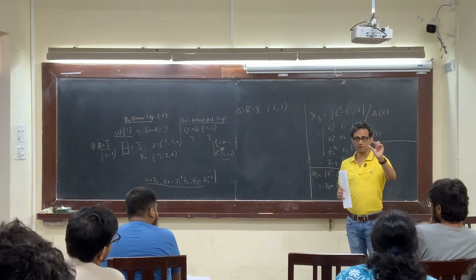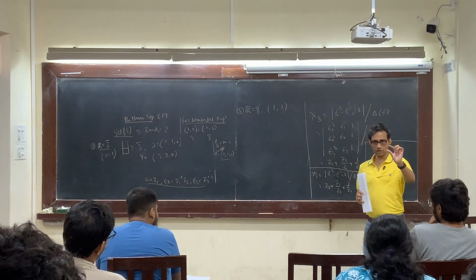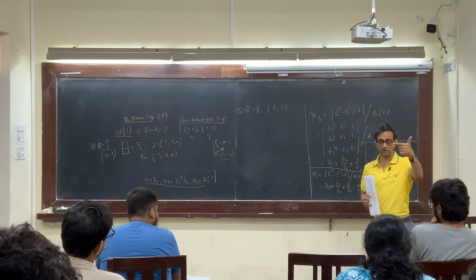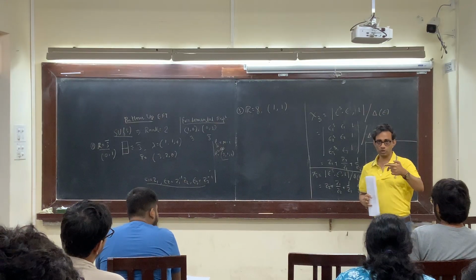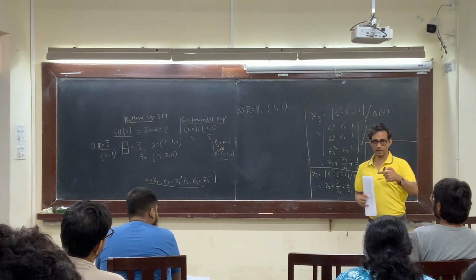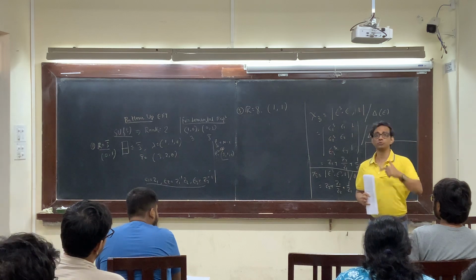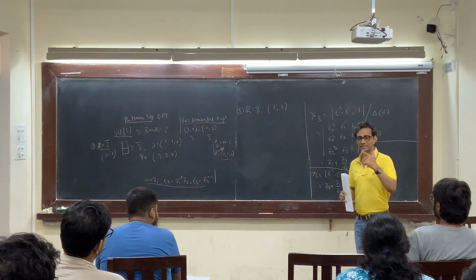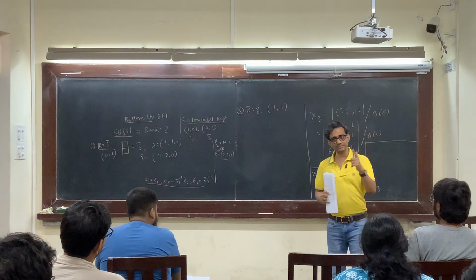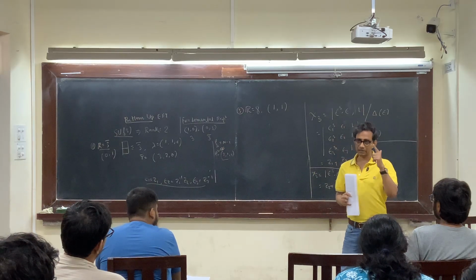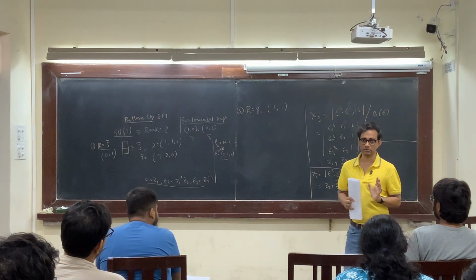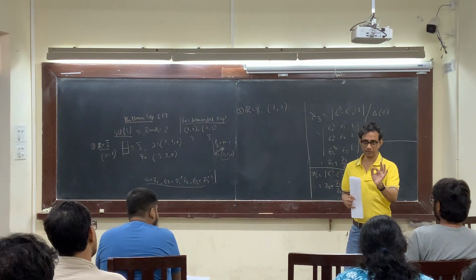For the fundamental representations, especially the lowest dimension, you are allowed to subtract only once. If you subtract twice, you will get a negative root. So I can subtract alpha 1 and alpha 2 as many times as I can without creating negative roots. That is the only condition I have.